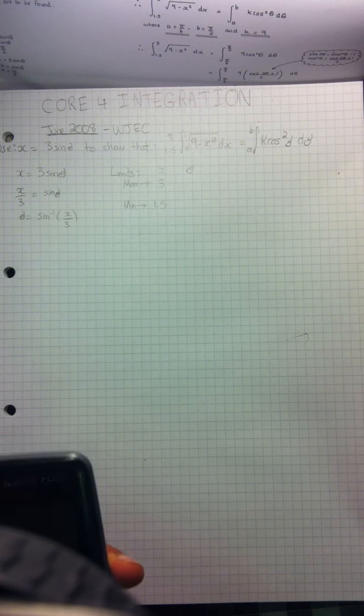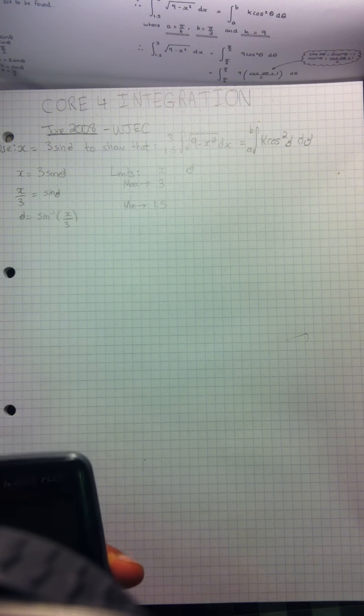So my new integral is going to look like that. Now what I'm going to do is find out the value of dx.